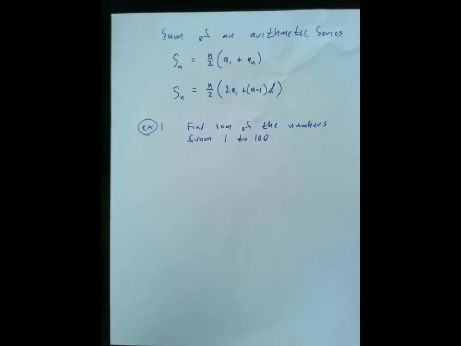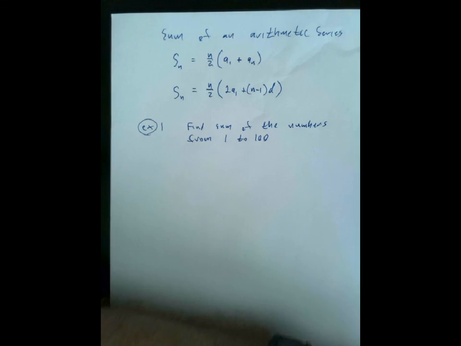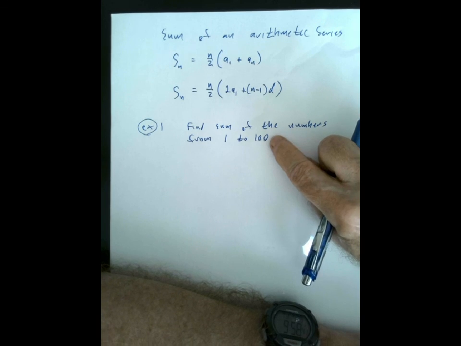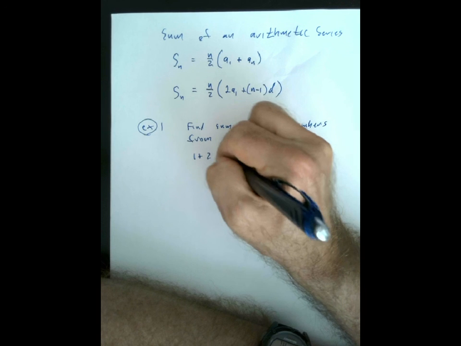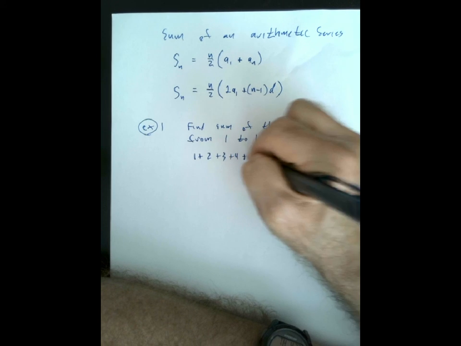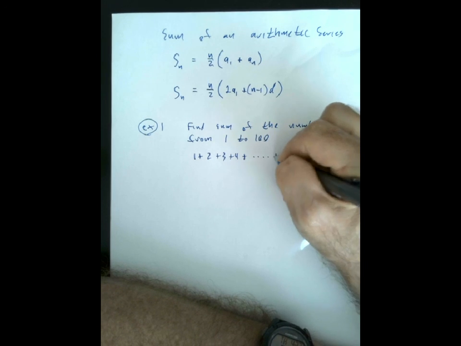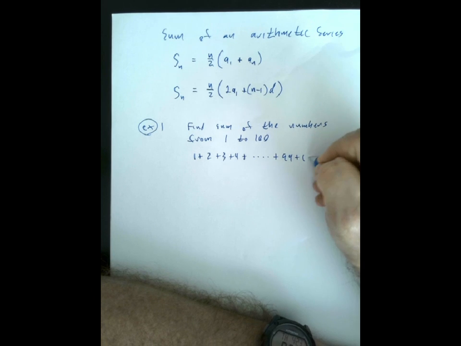It's a pain. You can do it, but here's an easier way to think about it, because you want to think of this problem as an arithmetic series: 1 plus 2 plus 3 plus 4 plus ... plus 99 plus 100.